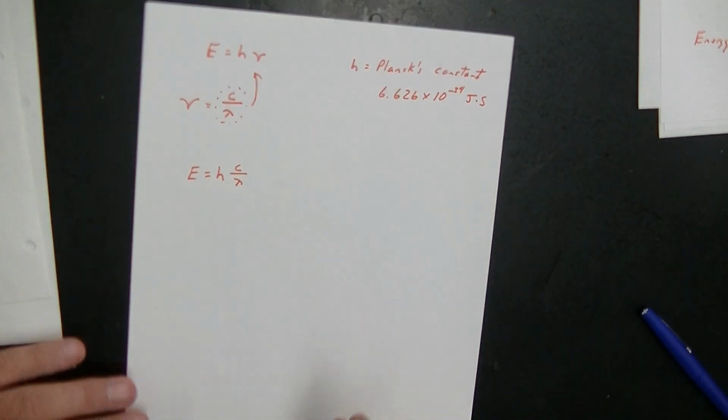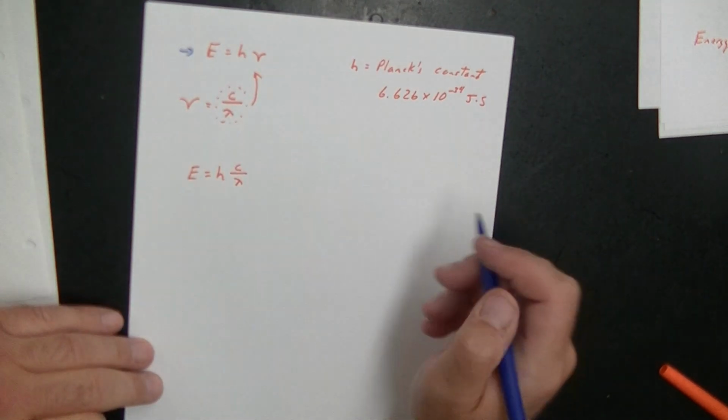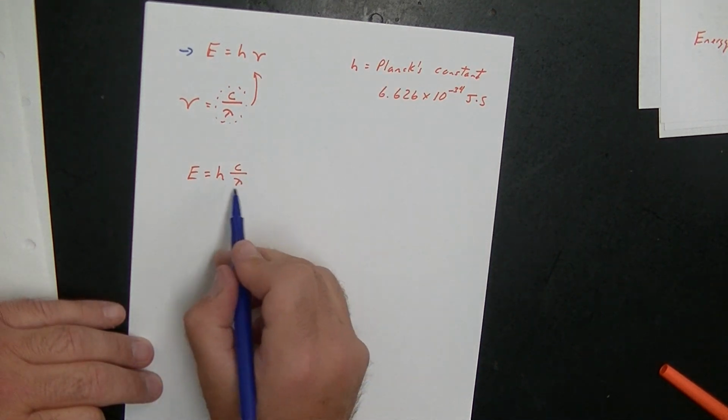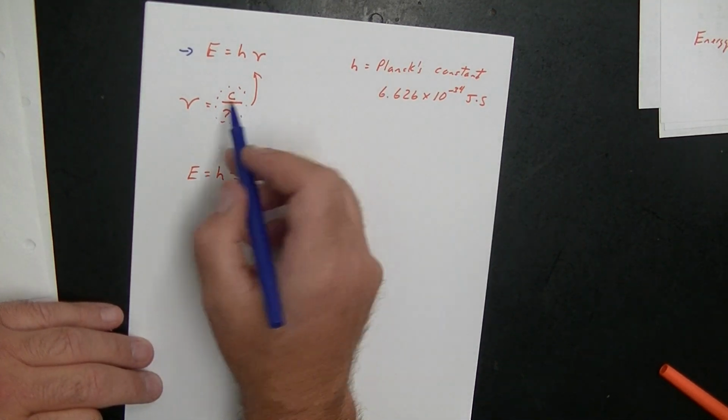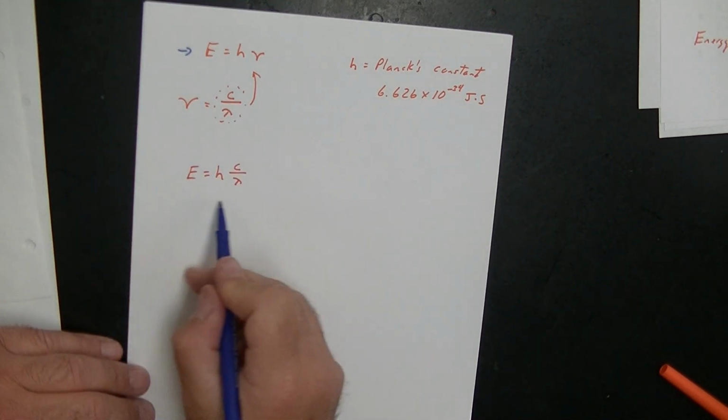Okay. So you really have a bunch of different equations here. This is the energy of the photon, Planck's constant, and we're dealing with frequency. Here it is with wavelength. Okay, and we've already used this equation. So now, what is this equation telling me?